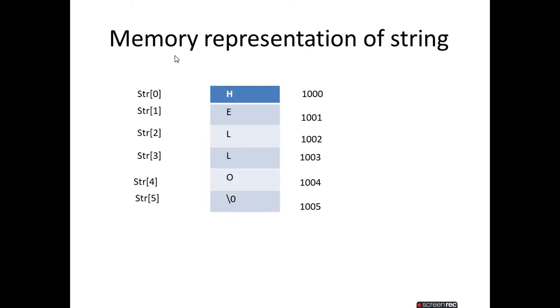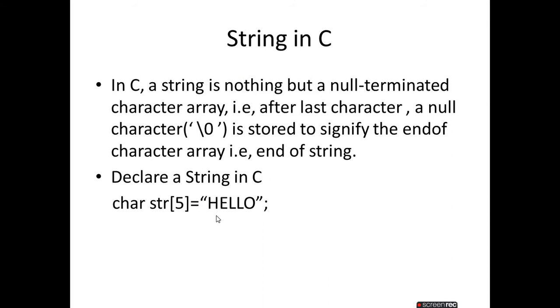Now, how to represent the string in memory? For example, this is a memory. This is str, for example, a character array, and str of 0 is h. On index number 0 is stored h, index number 1 stores e, index number 2 stores l, index number 3 stores l, index number 4 stores o.